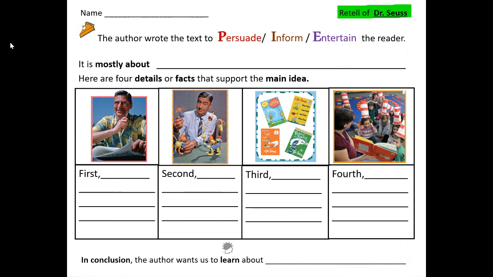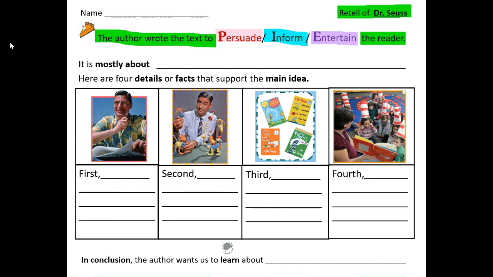So, retell of Dr. Seuss. The author wrote the text to either persuade or convince the reader that Dr. Seuss is the only author you should read, or the author wrote the text to inform you about Dr. Seuss and why he's famous, or the author wrote the text to entertain you about a funny story about Dr. Seuss.